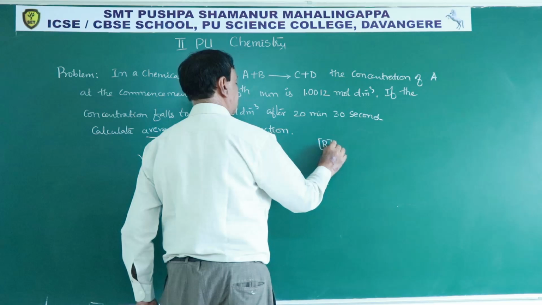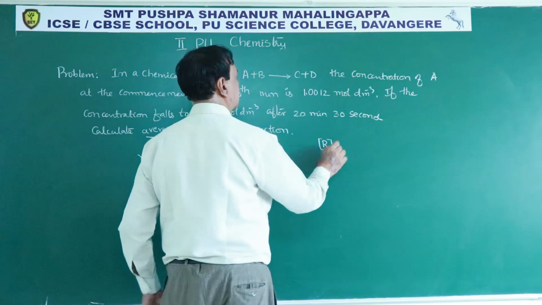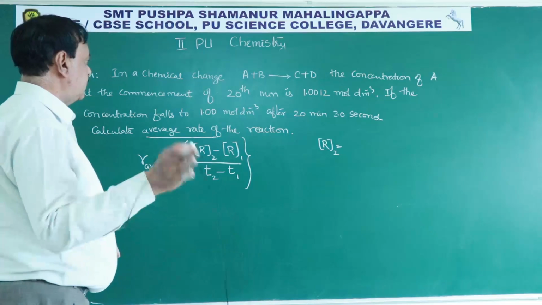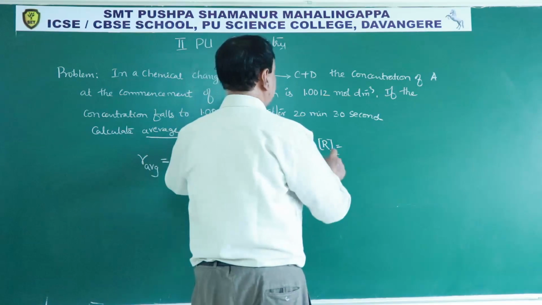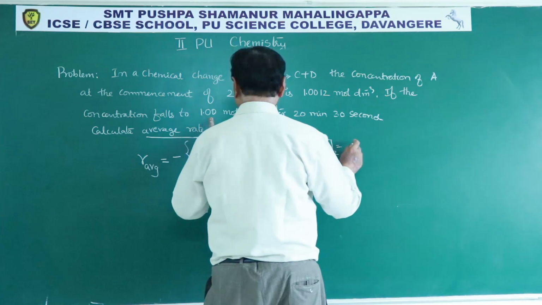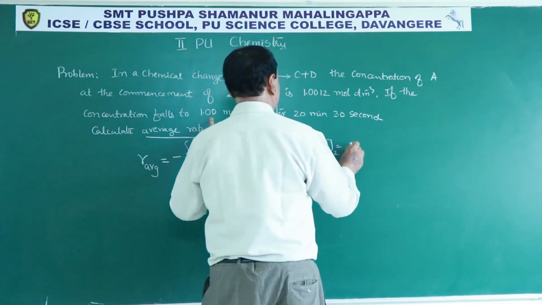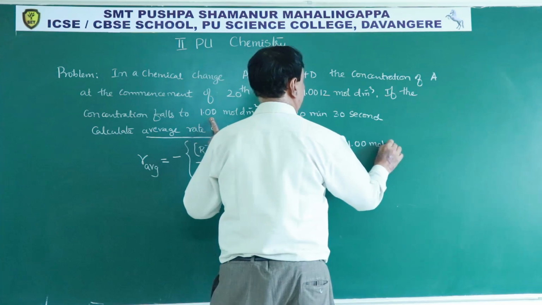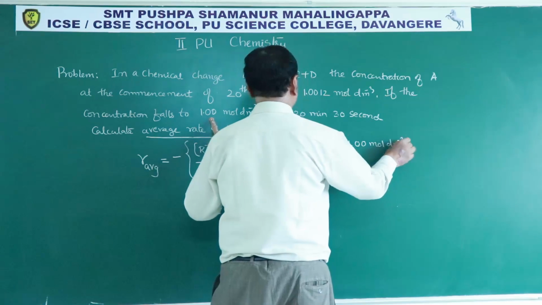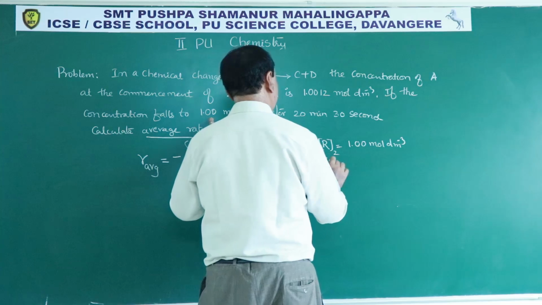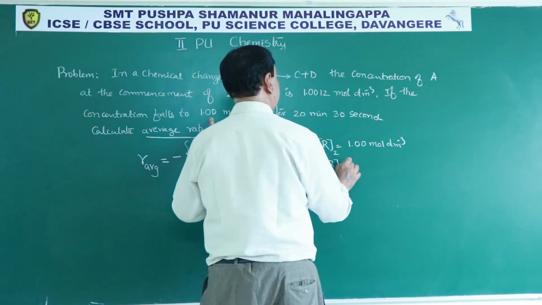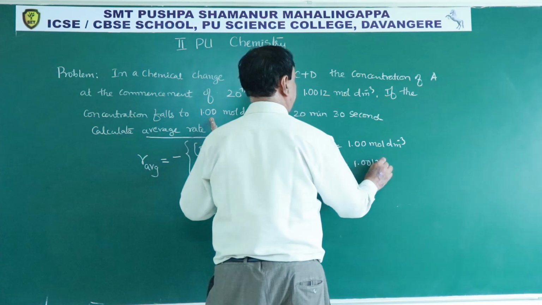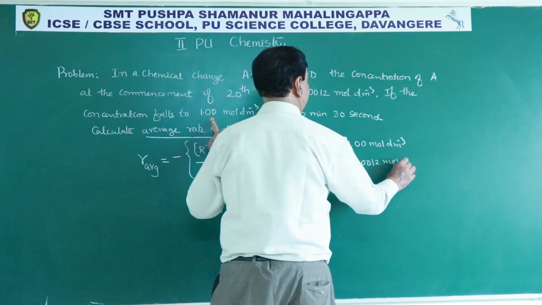What is this R2 minus R1? Here R2 is the final concentration of the reactant, which is found to be 1.00 moles per cubic decimeter, and R1 is 1.0012 moles per cubic decimeter.